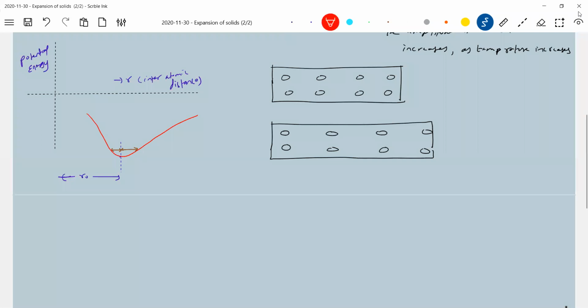No, this was the distance R naught. You already came across this graph in elasticity, the same thing I'm bringing here. So now the distance has become, say, R1.